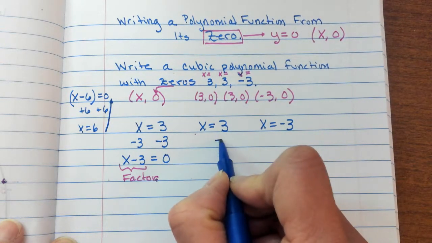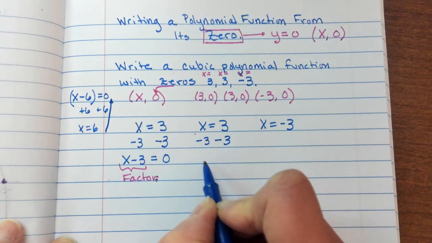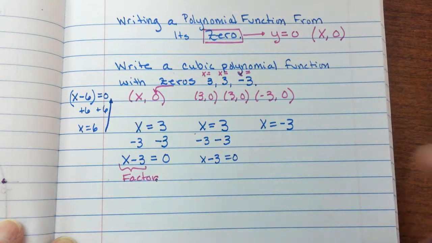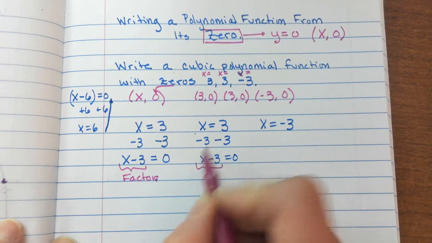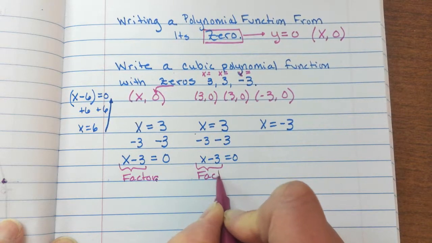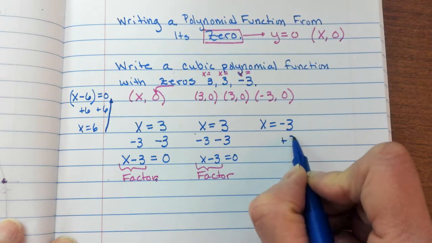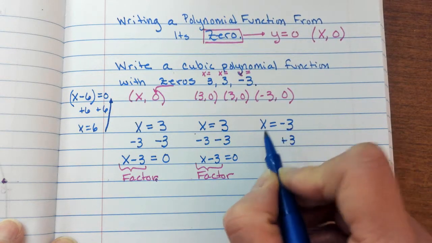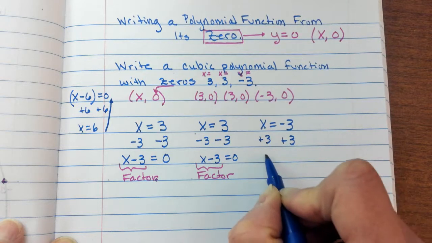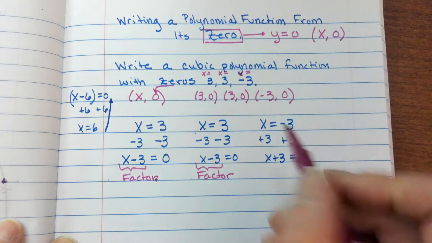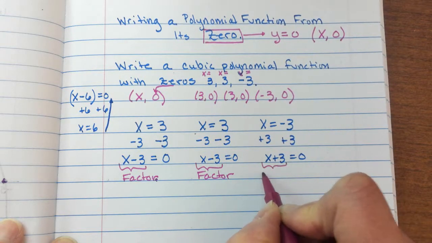The same thing applies here. So x minus 3 equals 0. This here is my other factor. And on this one I have to add 3 to make it become a 0 on the right. That gives me x plus 3 equals 0. So this here is another factor.